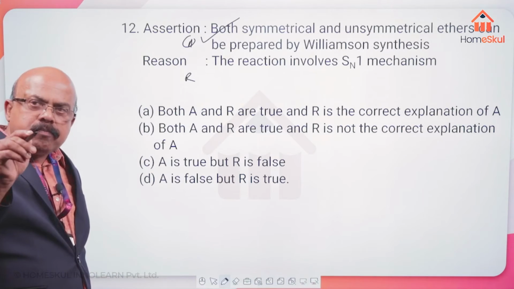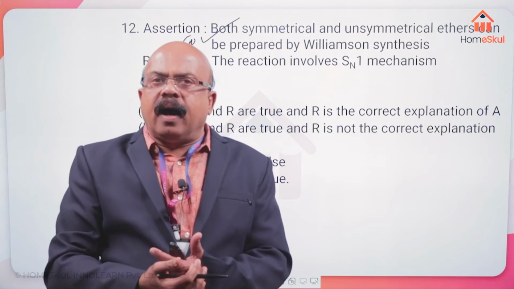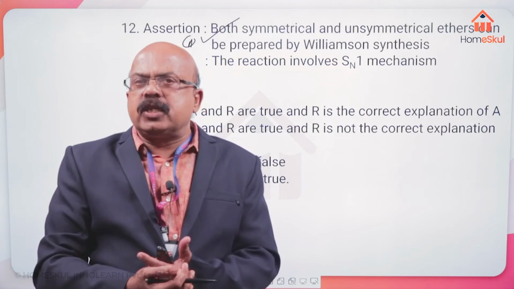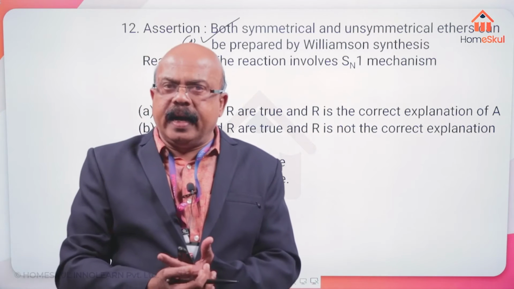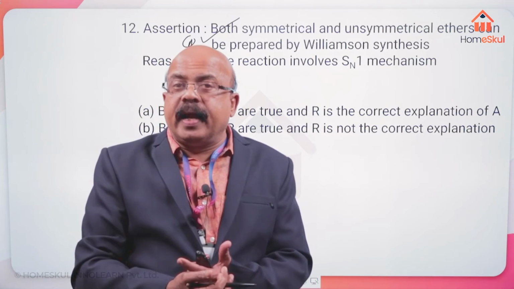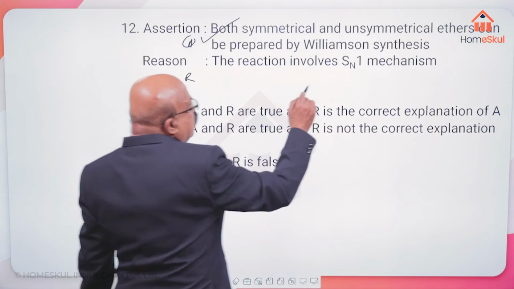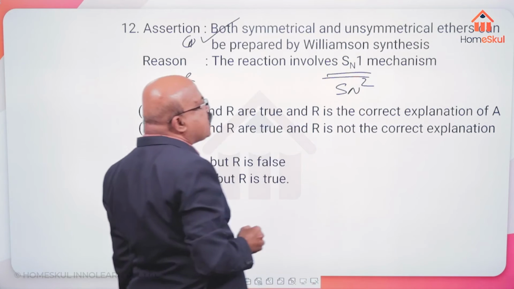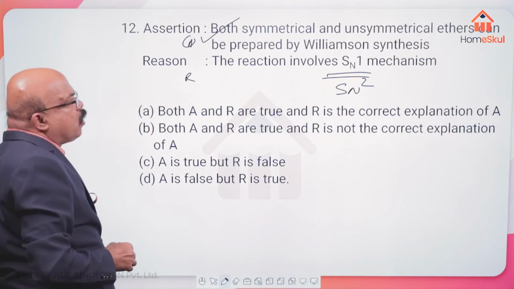Williamson synthesis means the reaction of an alkyl halide with sodium alkoxide. It is an SN2 attack of an alkoxide ion on an alkyl halide, and better results are obtained when the alkyl halide is primary. So the reaction proceeds through the SN2 mechanism. Here what is given is the SN1 mechanism.